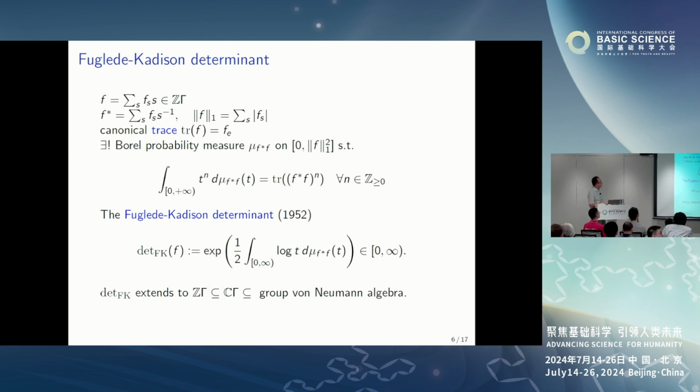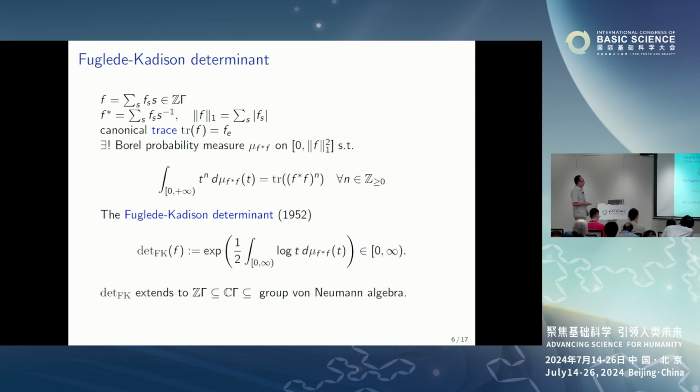Then the Fuglede-Kadison determinant, introduced in 1955, more than 70 years ago, is this: you look at the spectral measure for f star f, you take the logarithm function, and take the integral against this measure.